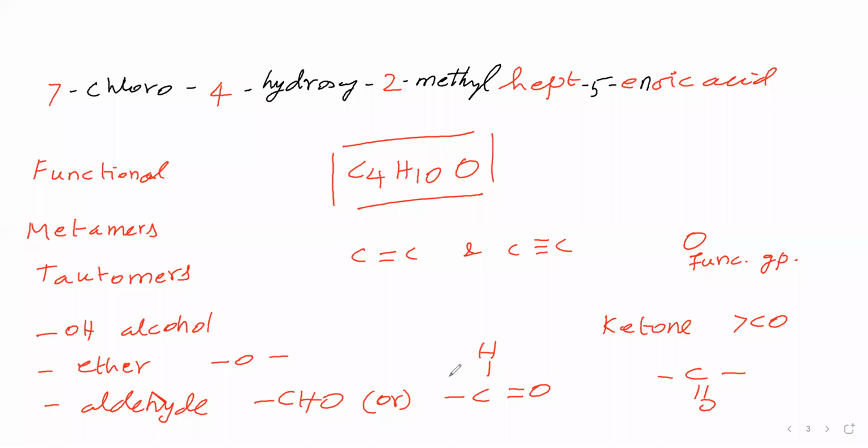Now, this oxygen comes under which functional group? How to identify whether it is alcohol or ether or aldehyde or ketone? Some known compounds we will take, and from that we will get an idea.